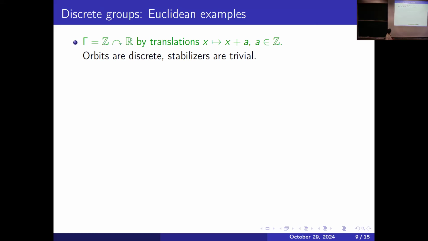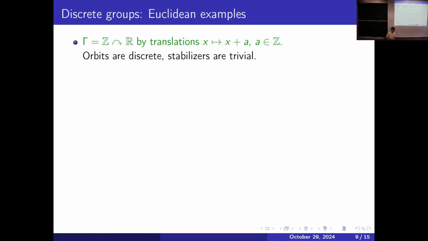In fact, if you take an element x, then its orbit is discrete, since you can take, say, an interval of length 1 with midpoint x, or one-half neighborhoods.